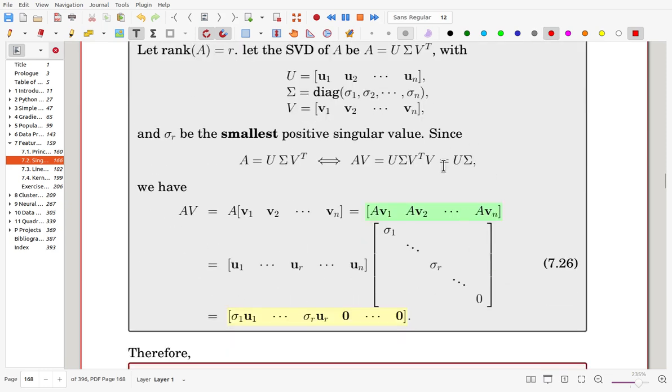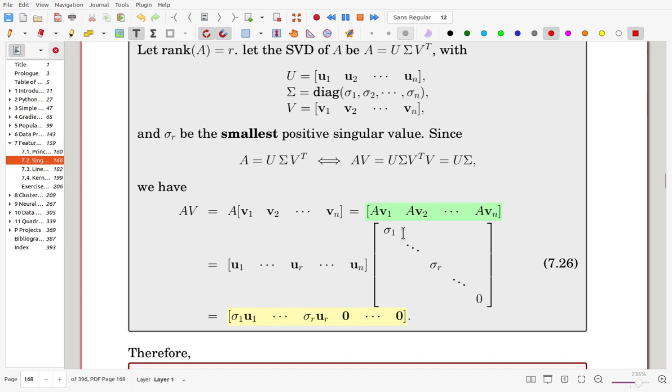Now for U sigma, there's U and sigma. If you multiply this, then you reach sigma 1 U1, and the second column will be sigma 2 U2, and so on.